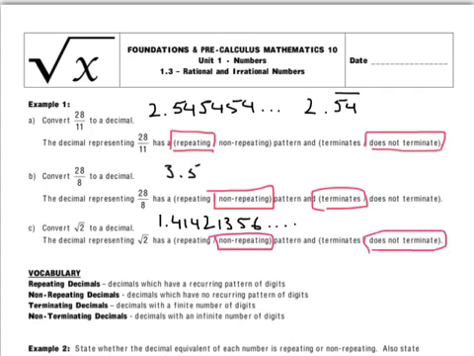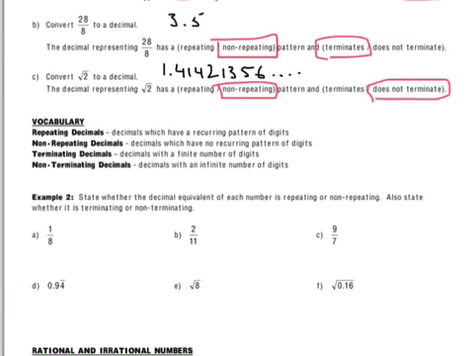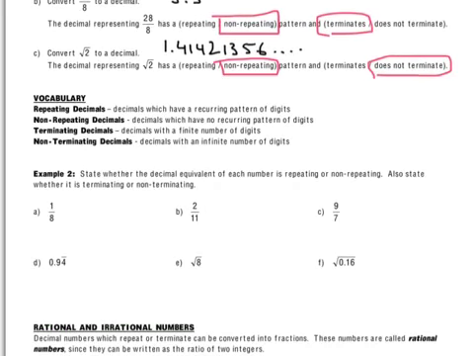Okay, so let's quickly look at some of the definitions down here, some of the vocab, and we have our four possible scenarios. We have a repeating decimal, which means the decimals have a reoccurring pattern of the digits. A non-repeating decimal, decimals have no pattern, have no reoccurring pattern.